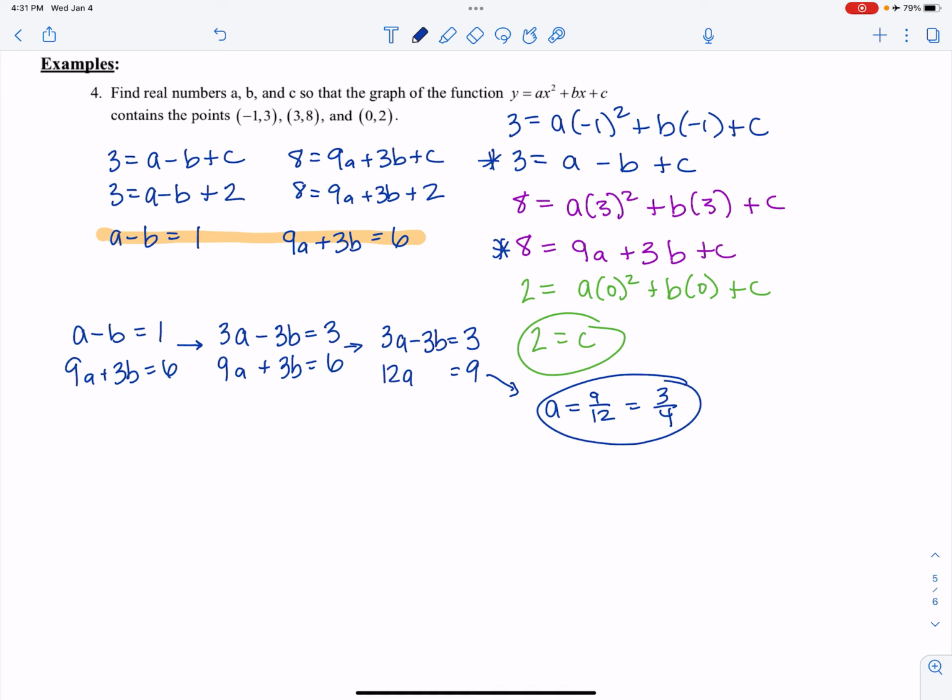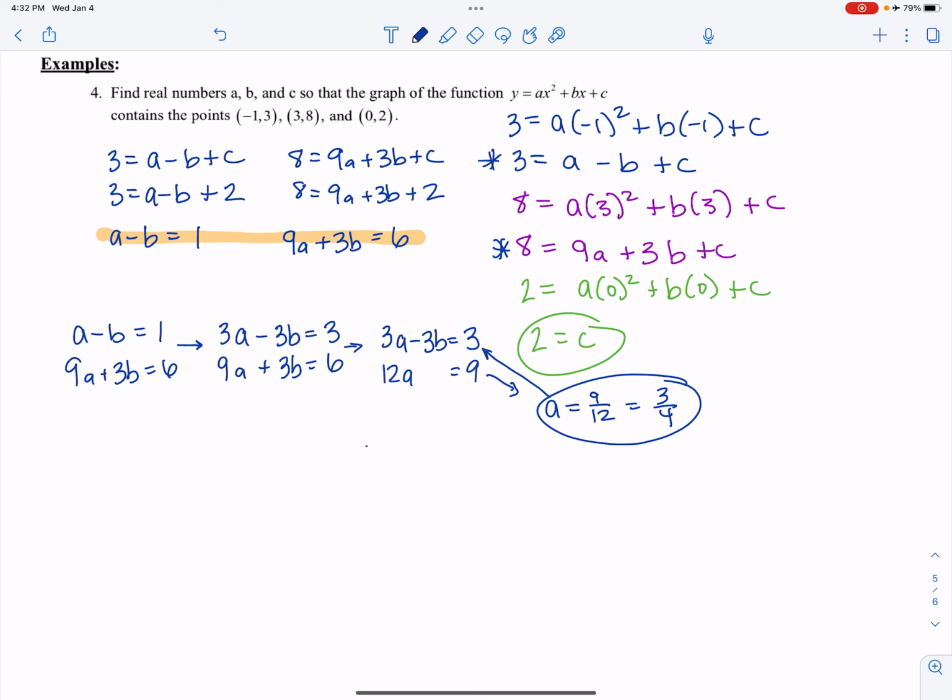And then we can plug that in for b, so we're plugging it in here. I lost my place for a moment. I'm sorry.